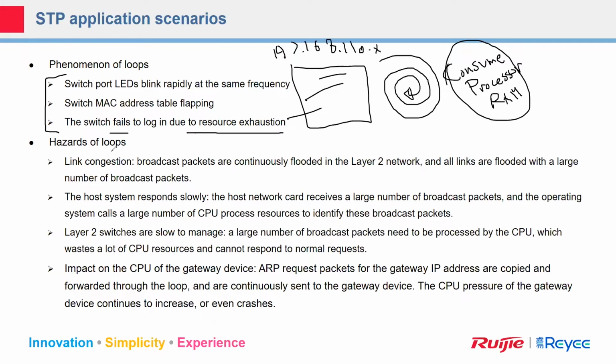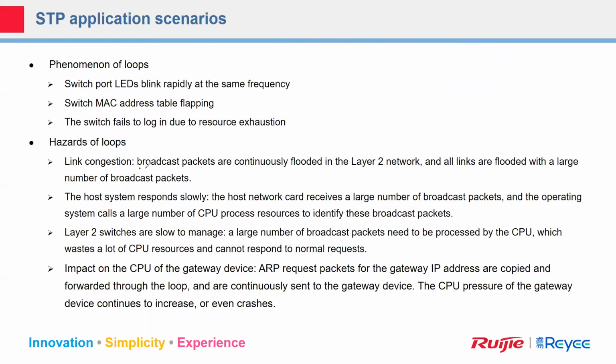Well, what are the hazards of the loop? Link congestion. The broadcast packets are continuously flooded in the layer 2 network, and all links are flooded with a large number of broadcast packets. So this is what we just explained, right?